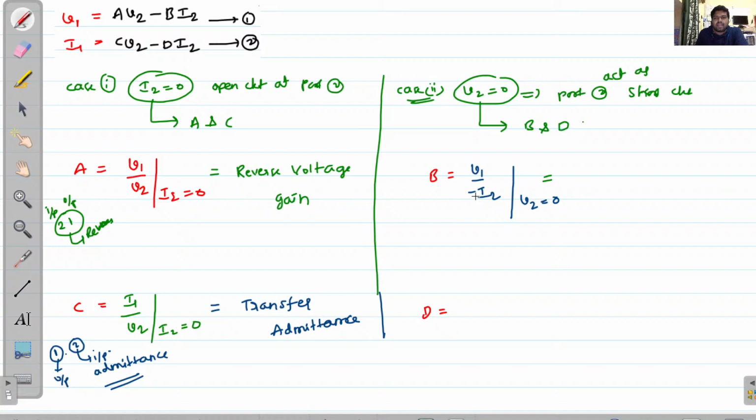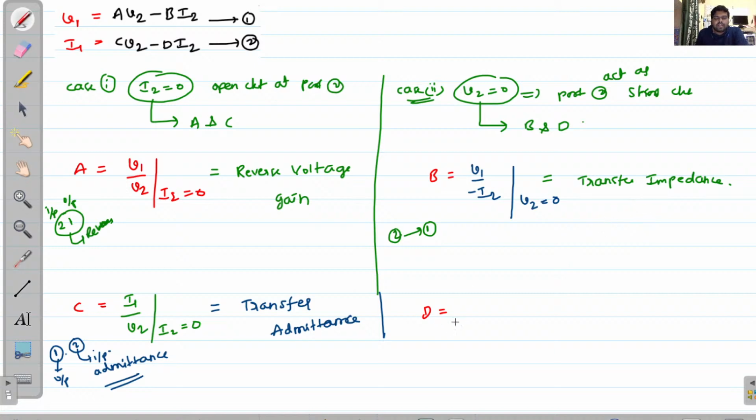So V by I is nothing but impedance, right? It starts from port 2 and ends at port 1. That's why we can call it reverse impedance, but we can call it transfer impedance. Okay, so this is transfer admittance, and this one is transfer impedance.